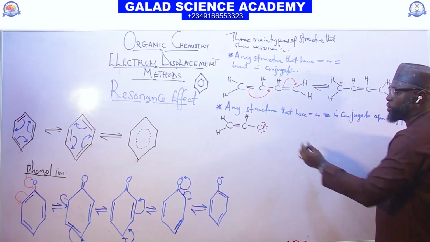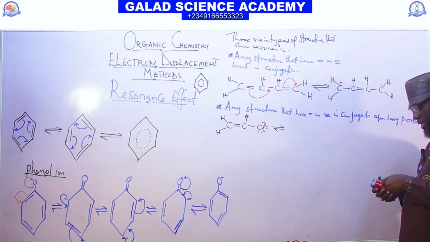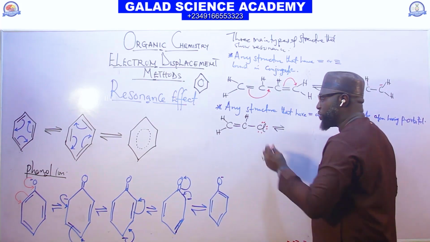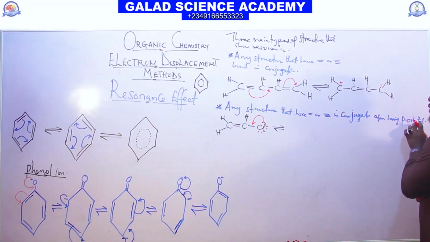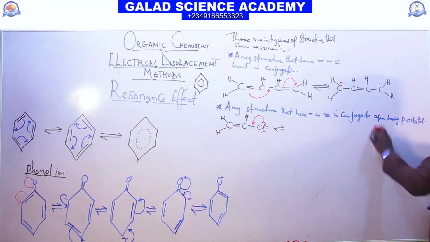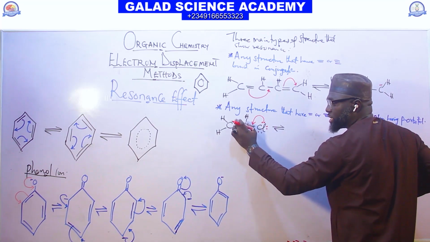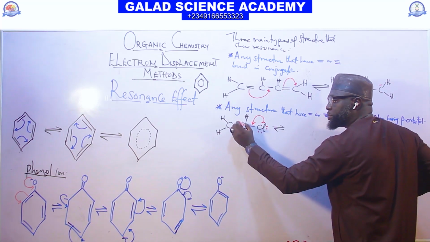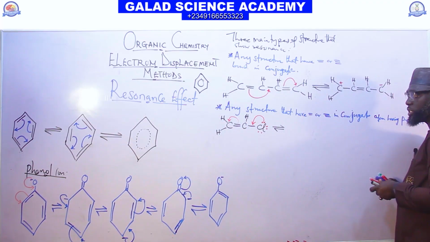When this chlorine donates the lone pair of electrons to this side, this chlorine is a p orbital atom. This compound has a double bond with an atom of p orbital. The lone pair shifts to this side, and the pi bond here will come to this side.